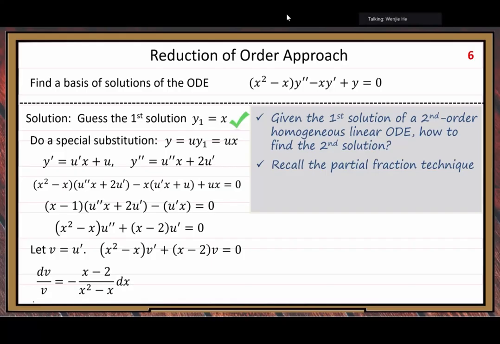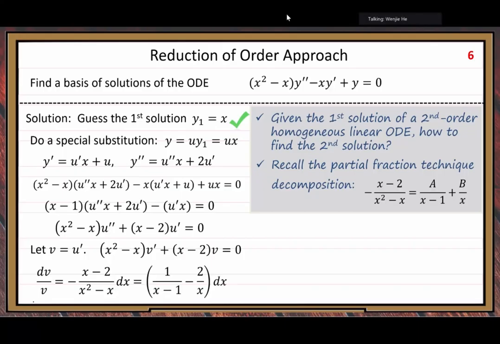But here, since it is separable, when you do the integration you need to use the partial fraction technique. So here, decomposition, then you determine capital A, capital B. Here I just write the decomposition result.